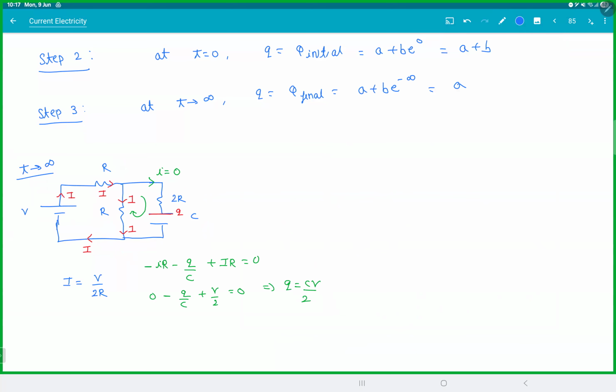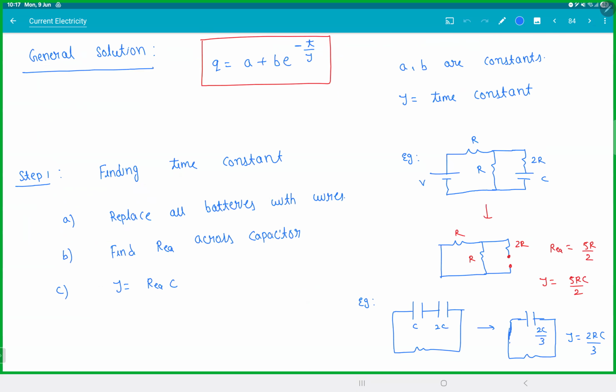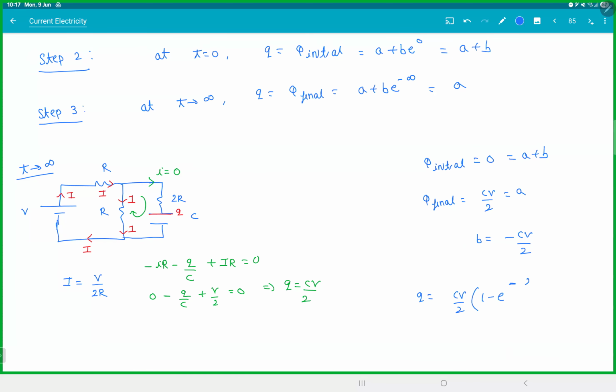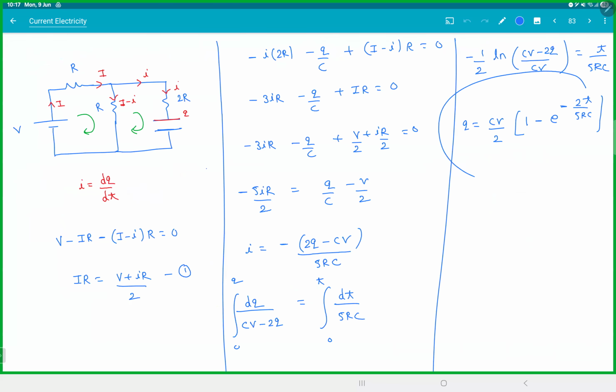You're done. So initially, what did you get? In our question, Q initial was 0, which was A plus B. Q final was CV by 2, which was A. Therefore, B is also minus CV by 2. Therefore, Q is equal to CV by 2 into 1 minus e power minus 2t by 5RC. Same answer. You skip the whole integration.